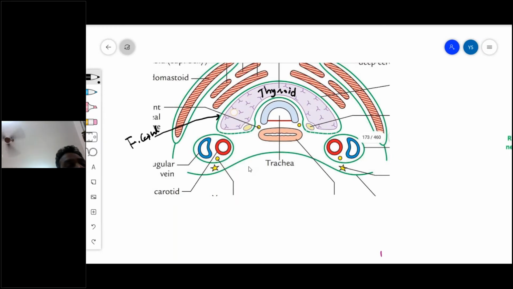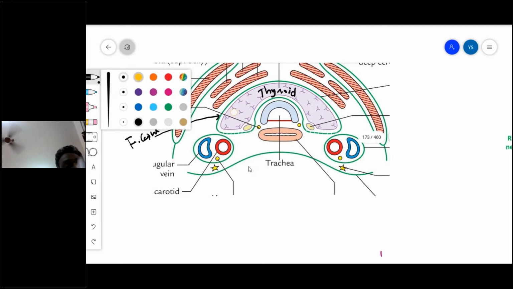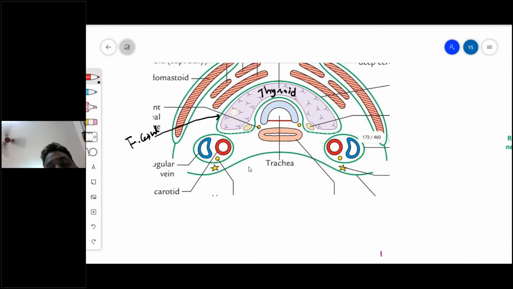And here with red color, I am showing you the suspensory ligament of Berry. Usually that is present in between, here the trachea is there. Above the trachea you imagine the cricoid cartilage. So that means, inside of the false capsule, we can see that connection between the false capsule and cricoid cartilage; that is the suspensory ligament of Berry.